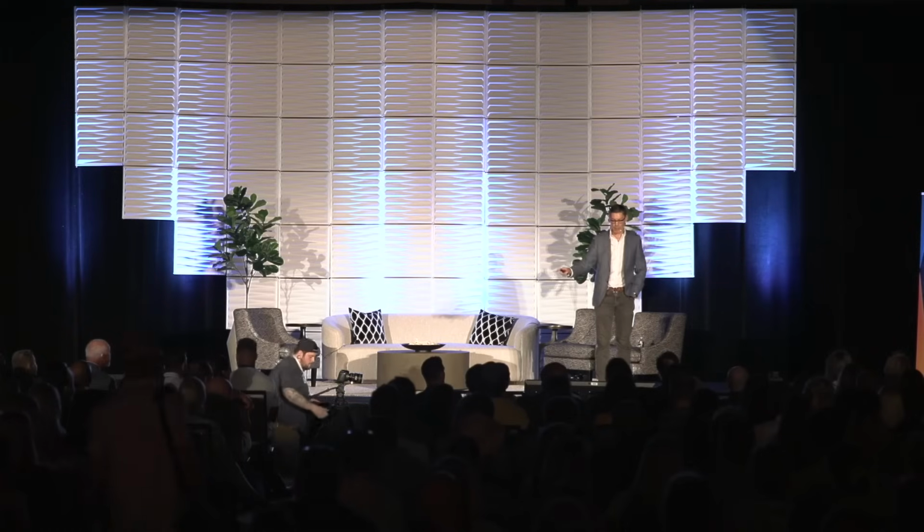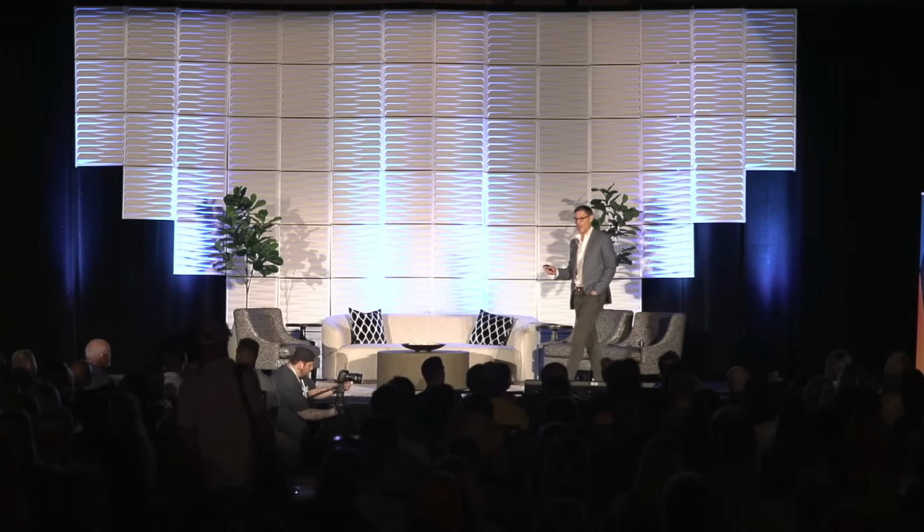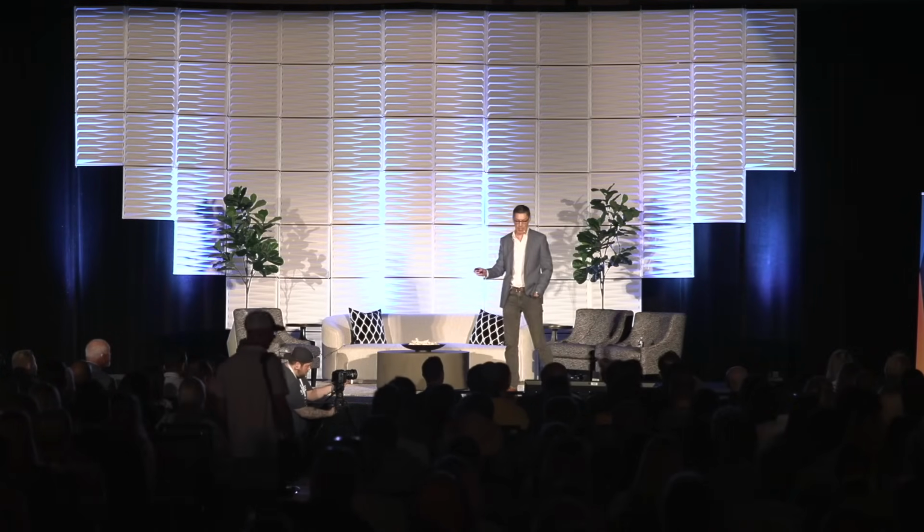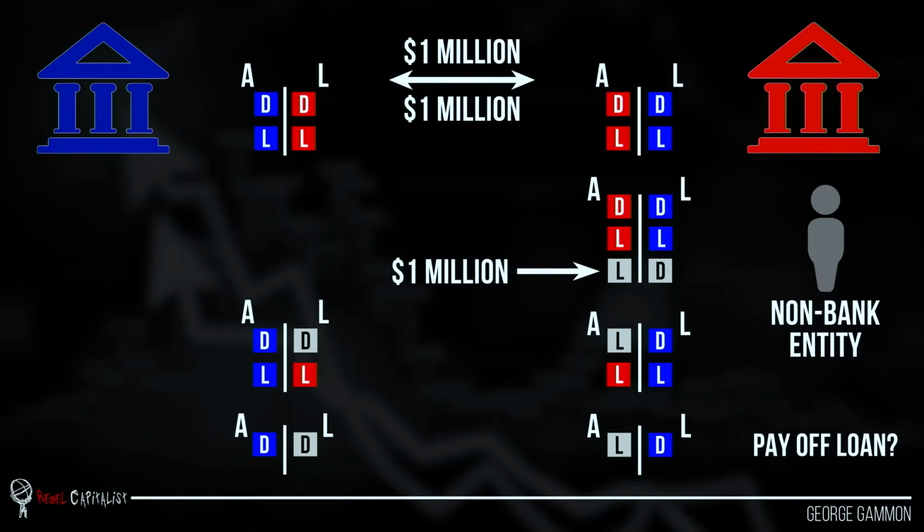So the liability side of the blue bank now just has the $1 million deposit from the non-bank entity, and the rest of the balance sheet is the same. The way that the balance sheet of the red bank changed is they have that new loan for the non-bank entity. Now I know this gets rather complex, but this is essentially how money is created in the dollar global monetary system by the banks in the eurodollar network.